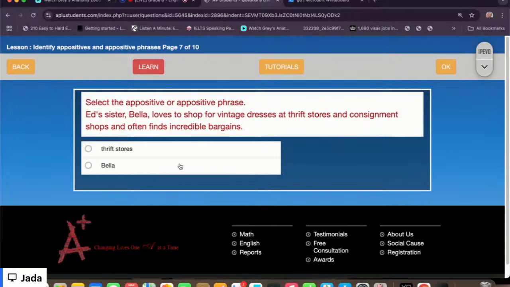All right, so Ed's sister Bella loves to shop for vintage dresses at thrift stores and consignment shops and often finds incredible bargains. So, what's the appositive phrase here?